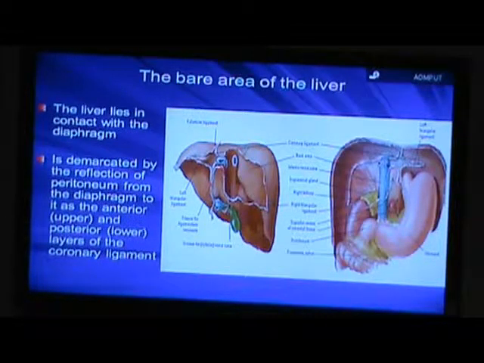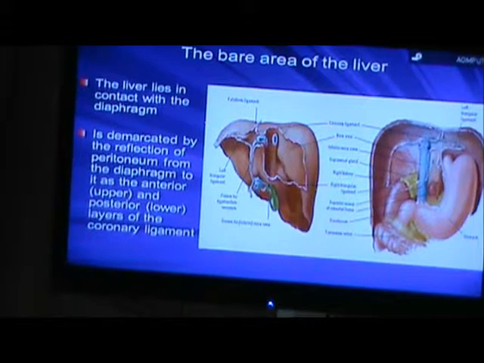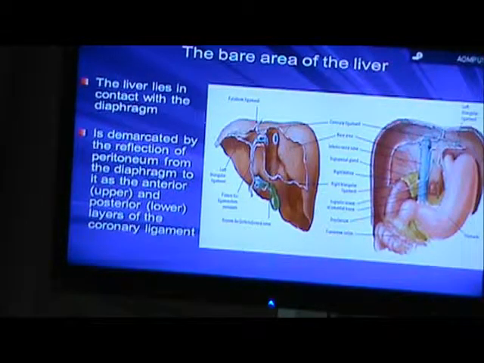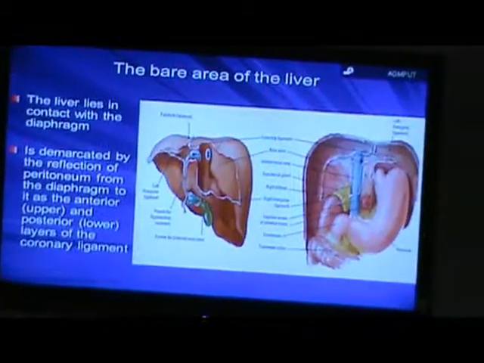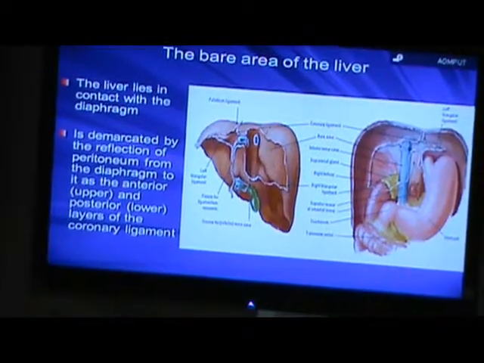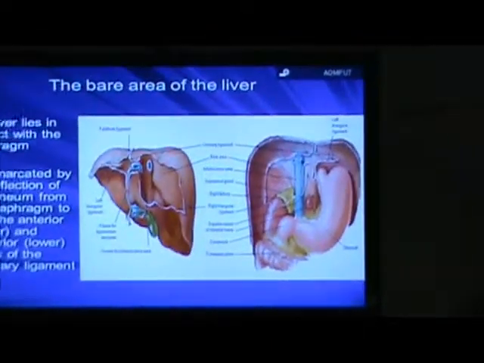So now let's talk about the bare area of the liver. So this is the place where the liver is not covered with visceral peritoneum. Normally, we can say that liver is an intraperitoneal organ, yes, but there are some places where the liver is not covered with the peritoneum. And on the diaphragmatic surface, this place is the bare area.